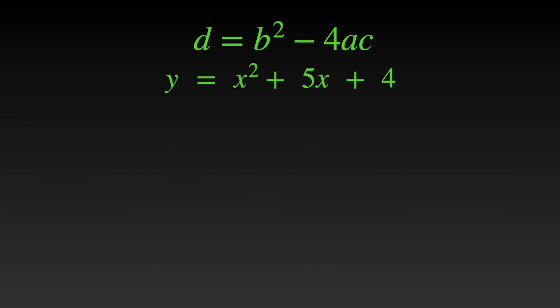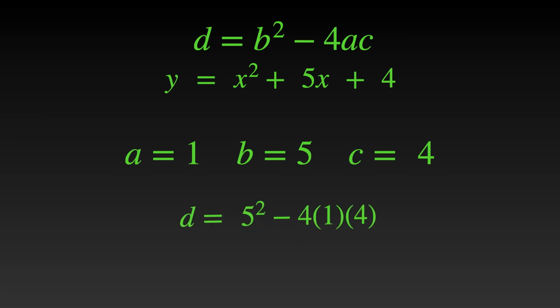All right, so notice that I need all 3, A, B, and C, defined here. So A is 1, B is 5, C is 4. Let's plug it into the formula for discriminant. D equals 5 squared, B squared, minus 4 times AC, which is 1 times 4.